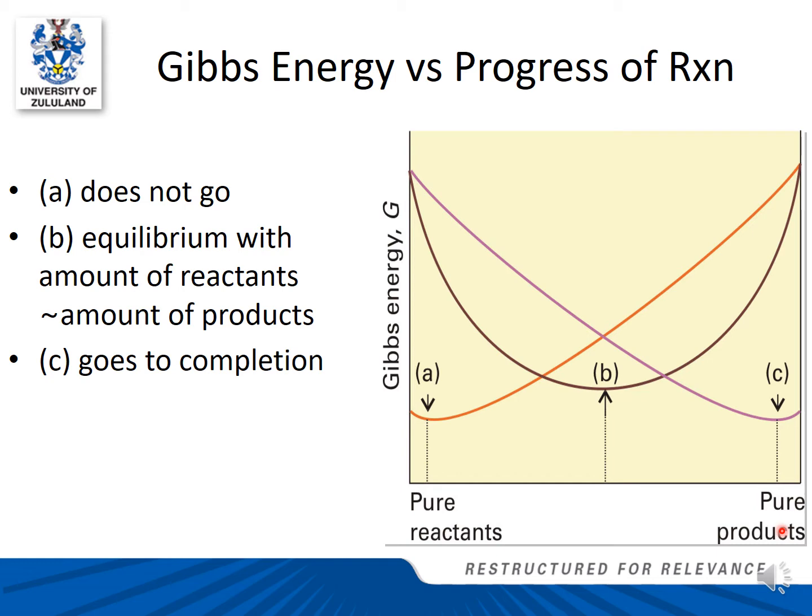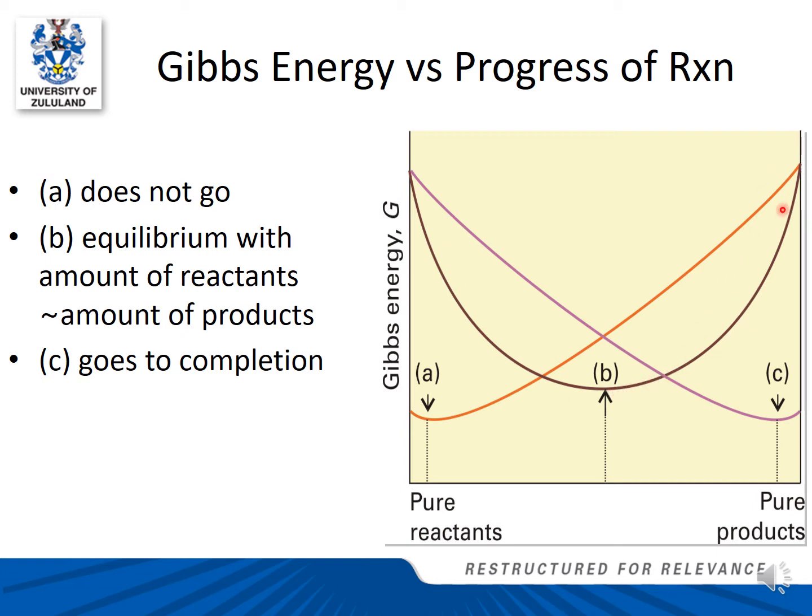However, when you look at graph B, we say that graph B is at equilibrium with an amount of reactants as well as an amount of products. Initially, this graph decreases with an increase in the progress of reaction until it reaches a point B. At this point B, we say that the amount of reactants is at equilibrium with the amount of products, and from there our graph will also coincide.